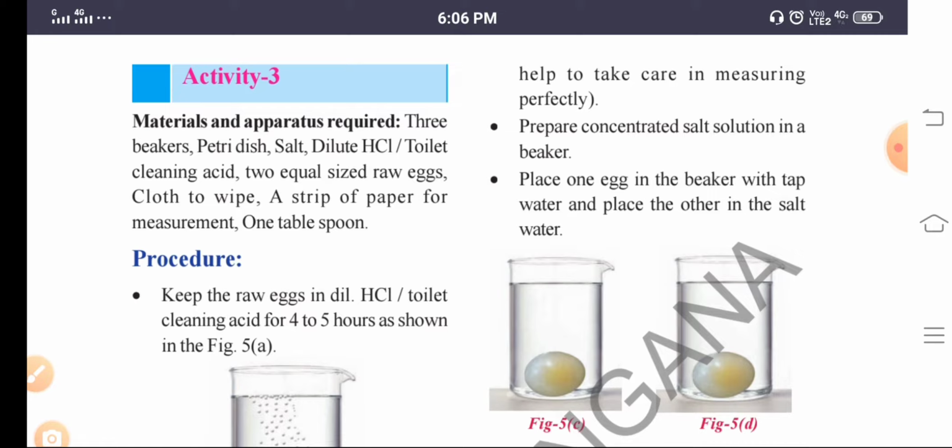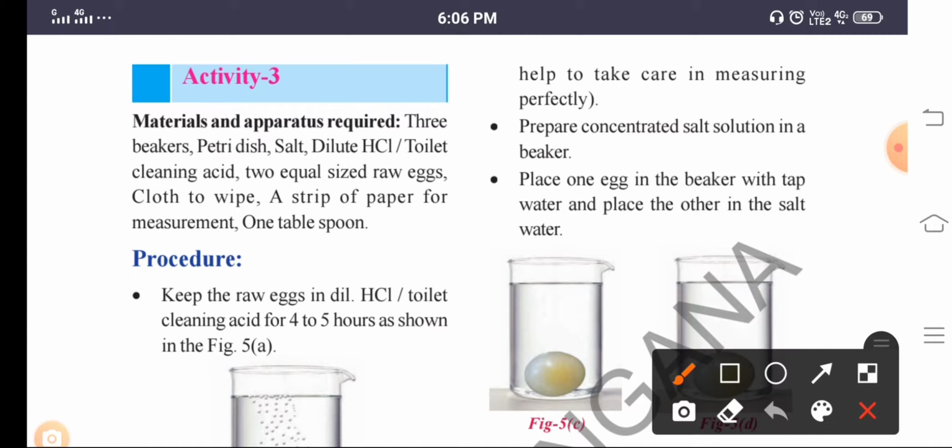So now first of all, materials and apparatus required for this experiment.